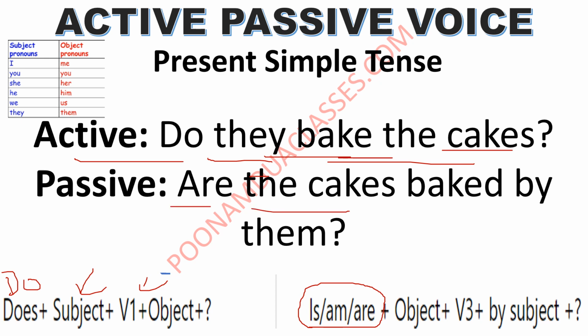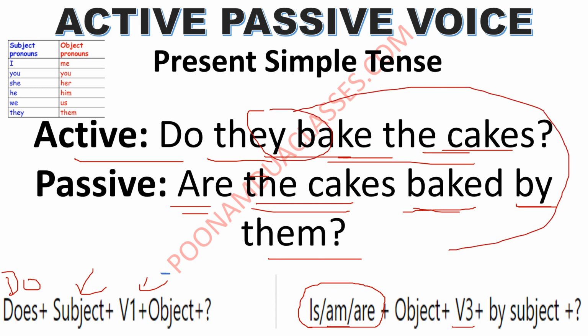Are the cakes baked by them. Are, the object the cakes, then third form of verb, that is baked. By we will always use, and this they will get converted into them as per the subject object pronoun chart.